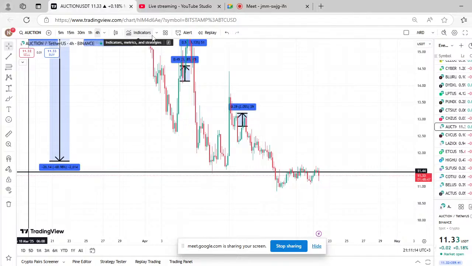Let us first understand step by step. First, look at the structure of the market. After understanding the structure, ladies and gentlemen, you apply the indicator to ease the work.